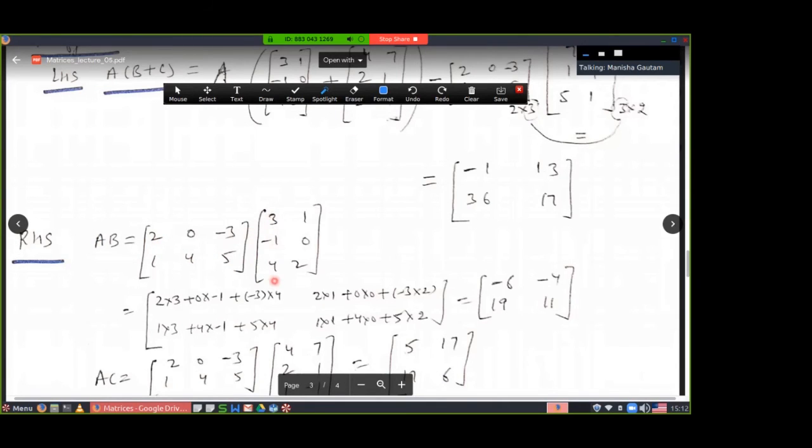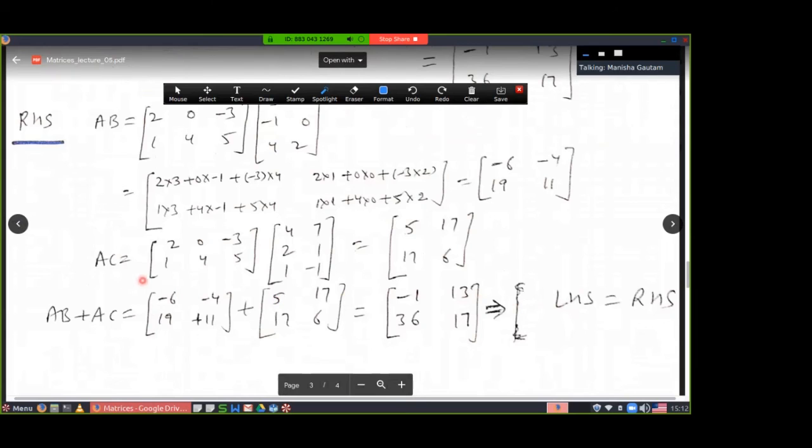First row, first column, first row, second column, both elements you will get. Then come to the second row, first column, and second row, second column. Simplify them, you will get minus 6, minus 4, 19 and 11.